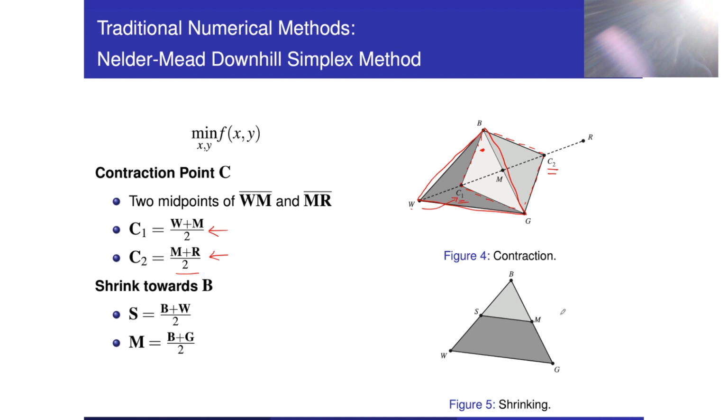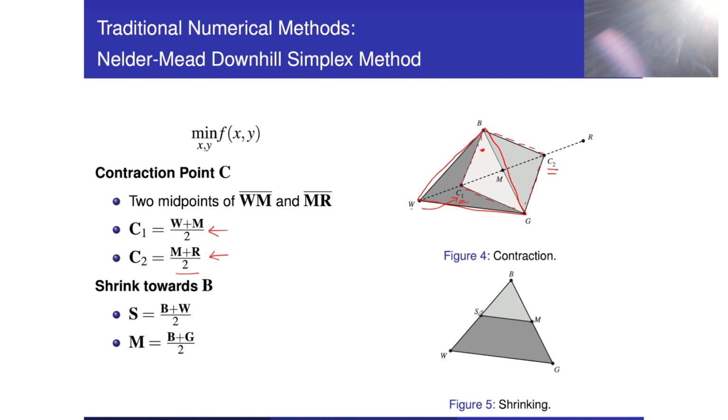When we cannot do anything to improve the performance, what we can do is bring the worst point and the G point toward B, so as to reduce the triangle. This solution will be closer to the best solution.